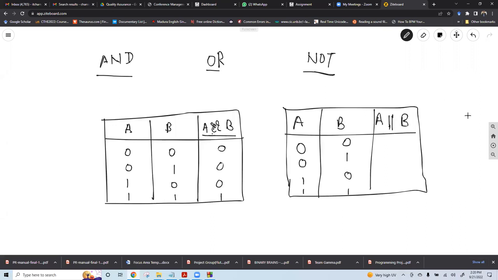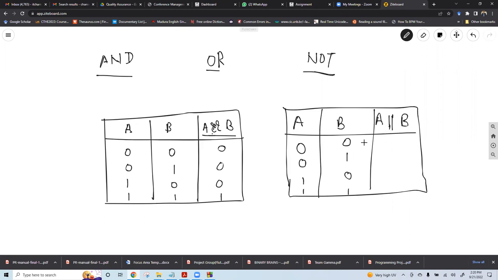Or operation is true unless the or operation is false.